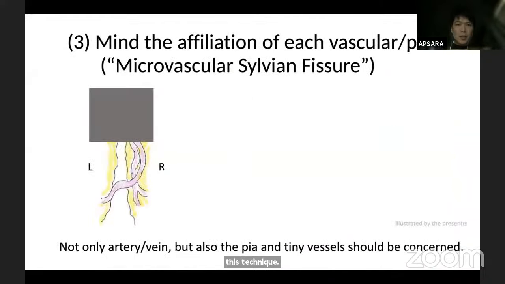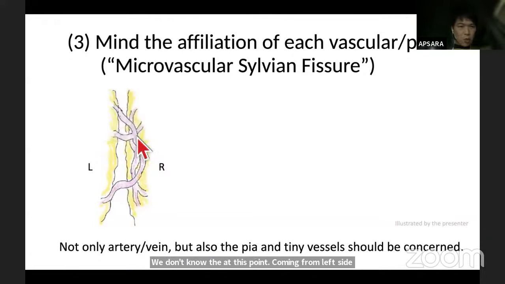Another thing is the so-called microvascular Sylvian fissure, which means to consider or mind the affiliation of each vascular pair. I already explained a little bit, but during the operation, like in this picture, sometimes we try to separate the left and right, but some artery or vein is bridging. We don't know at this point whether this artery is coming from the left side or the right side.